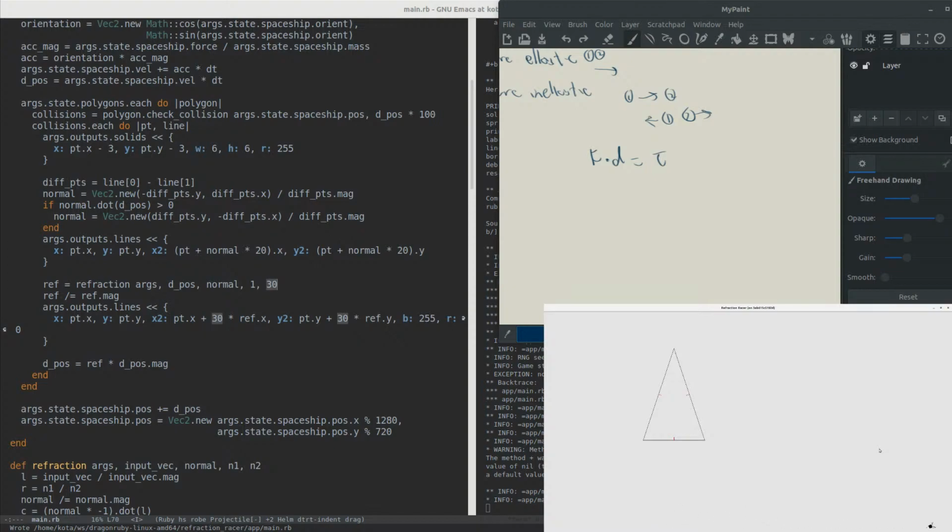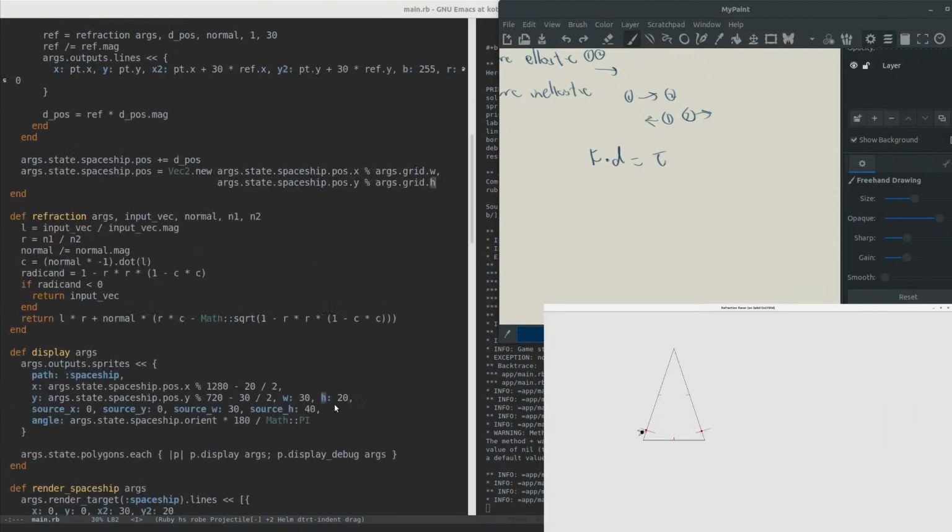Oh, okay, so we do have args.grid.h. Okay, great. That's good news. I will also change that on mine. Okay, so I should be able to do args.grid.width and args.grid.h. And now, oh, look at that. Beautiful. Yeah, it works.